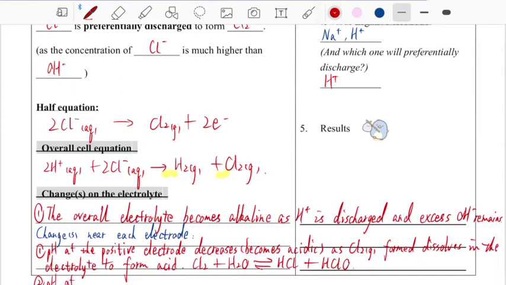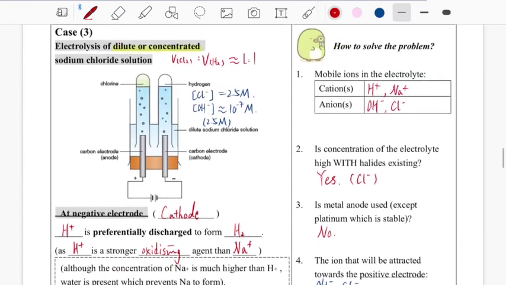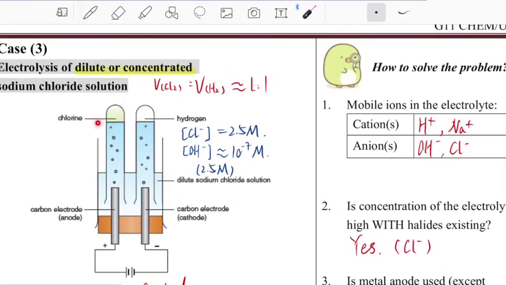So, pH at the negative electrode increases, becomes alkaline as hydrogen ion is used and excess hydroxide ion remains. Okay, so on the diagram, actually you will see the chlorine gas produced is slightly less than the hydrogen gas produced.